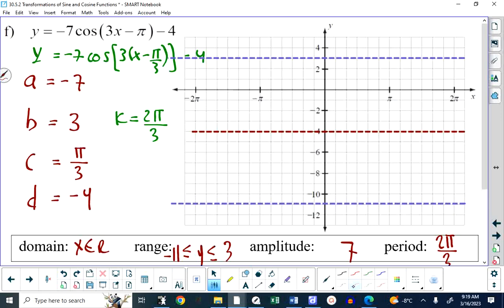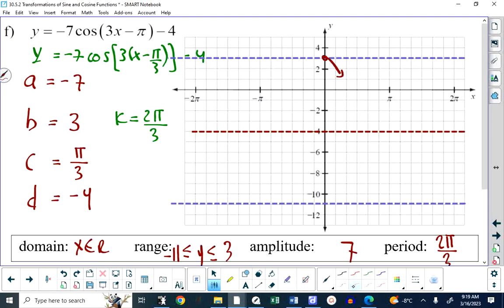So where does cosine normally start? Well, it normally starts at 1, but to make it more general, it starts at the top, going down. So you can decide whether you want to draw this little detail, but you don't need to. If it were just 7 cosine, that would be where it starts and which way it goes.